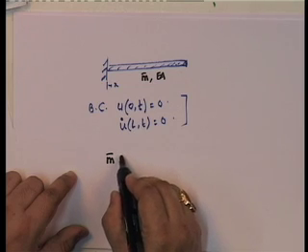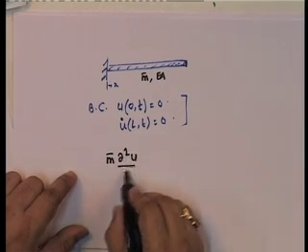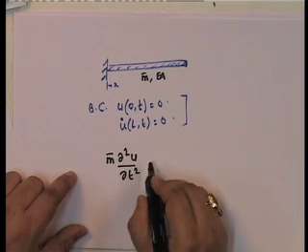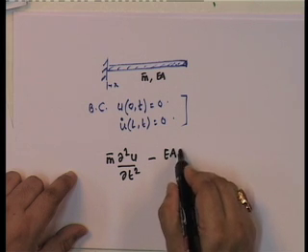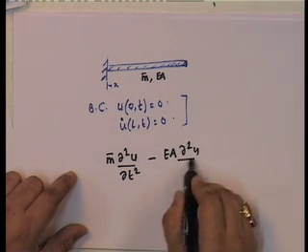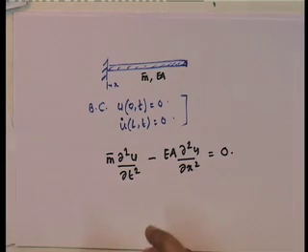Then this equation becomes the following: m bar del squared u by del t squared minus E A del squared u by del x squared is equal to 0.